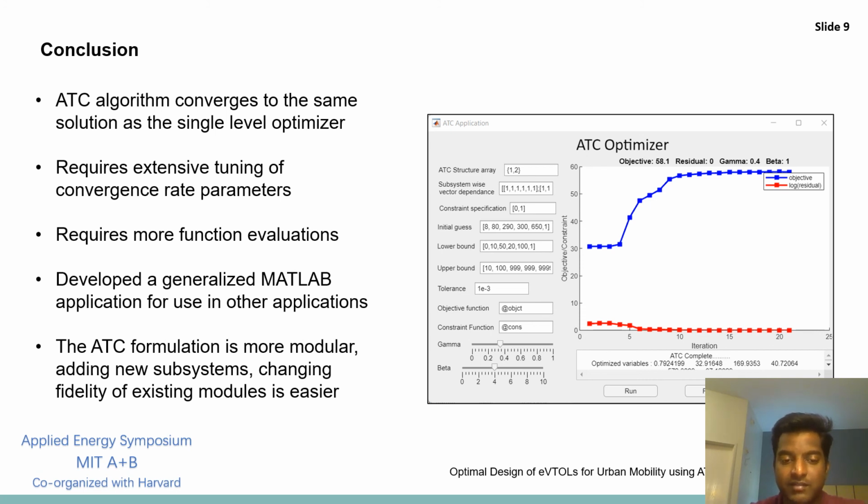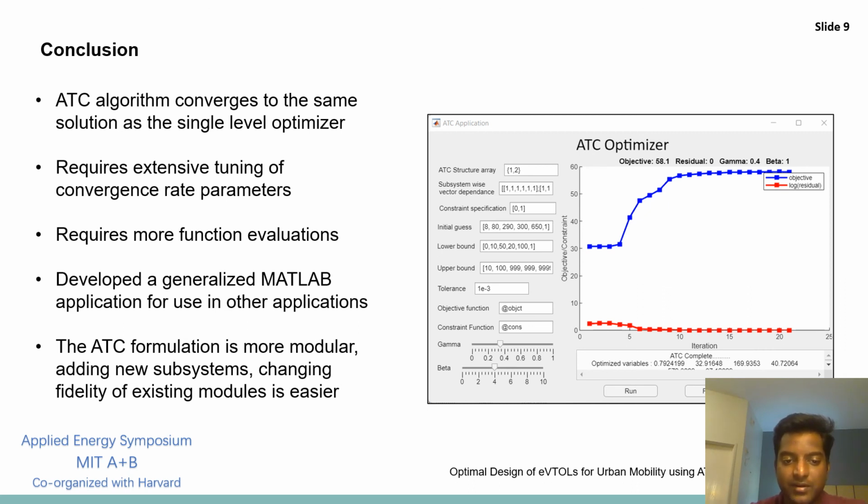So a conventional monolithic architecture is not modular or flexible enough for usage in engineering design practice, while the ATC algorithm gives you the flexibility to use whatever optimizer you want for each and every discipline. And it is also easier to add or remove subsystems or change the fidelity of each subsystem with an ATC formulation.